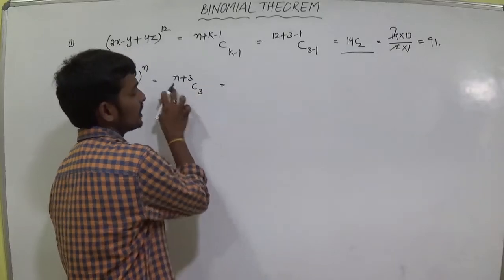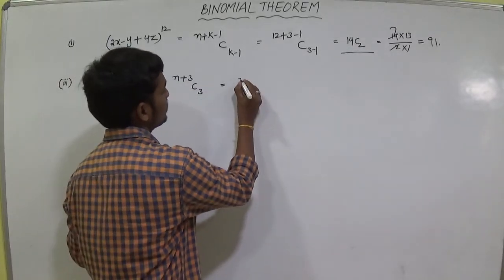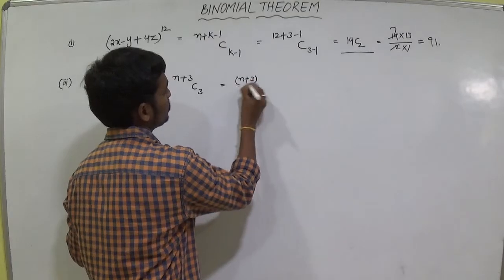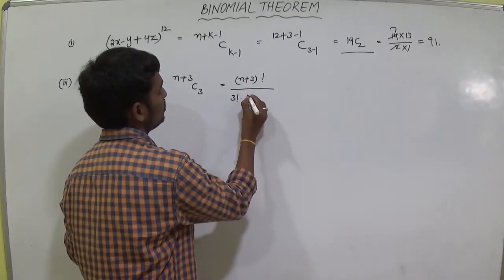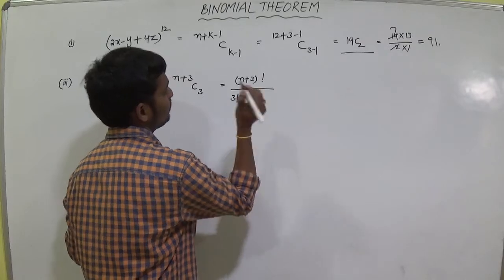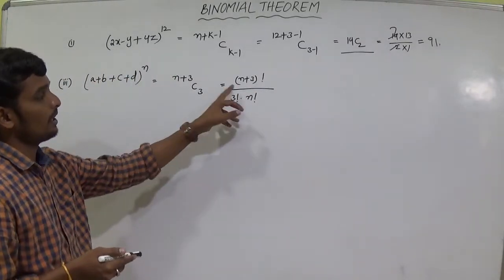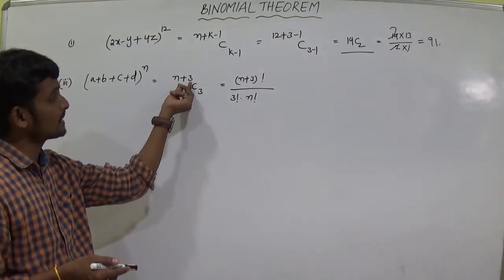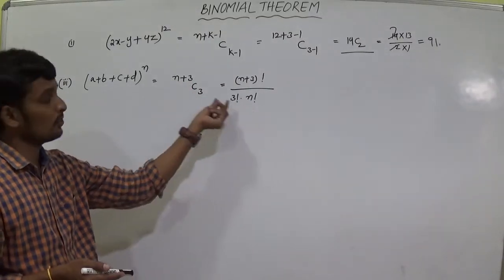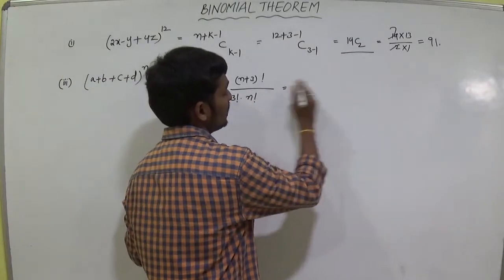So we can simplify this. n plus 3 C3 means (n plus 3) factorial by 3 factorial into n factorial. Why? Because nCr is n factorial by r factorial into (n minus r) factorial, so n plus 3 minus 3 is n. We can write the (n plus 3) whole factorial in expanded form.